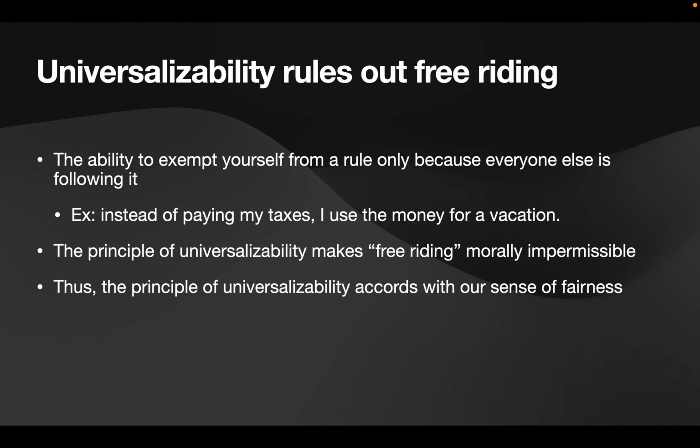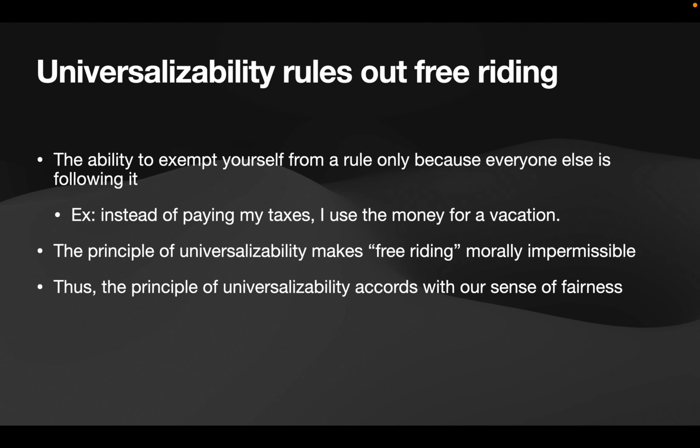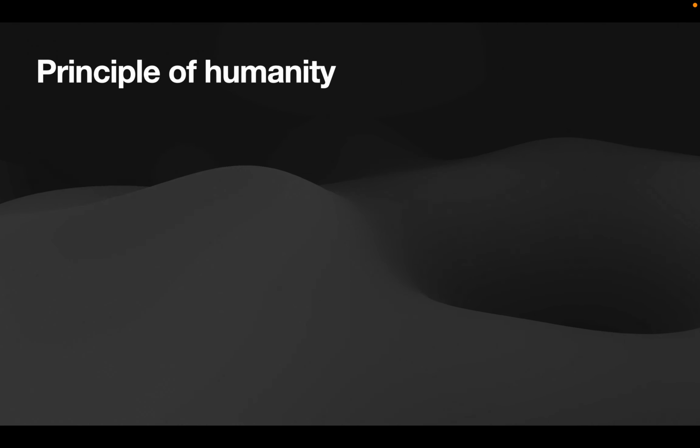And there's something to be said in favor of that, because we have a deep aversion to people getting away with things when everyone else is following the rule. It violates our sense of fairness. And because the principle of universalizability rules out all cases of free riding as morally impermissible, this accords with our sense of what is fair.